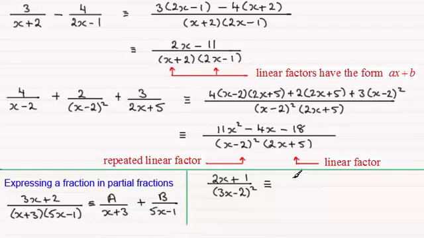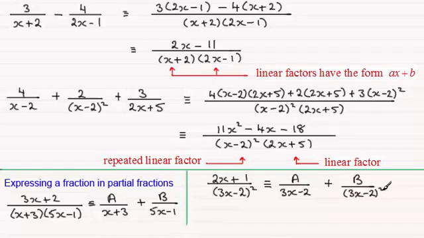The first one would be a constant, I'll use the letter a, divided by the linear factor 3x minus 2. Then we would get another fraction, so we'll just put plus, another constant, I'll call it b, and that would be divided by the repeated linear factor 3x minus 2 all squared.